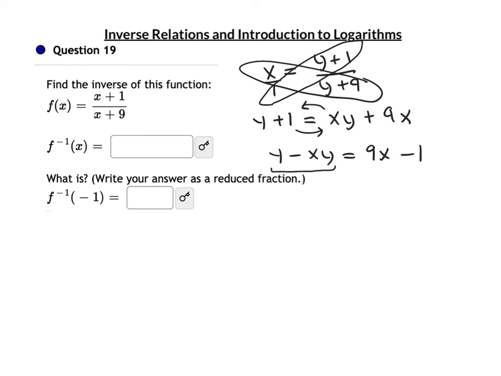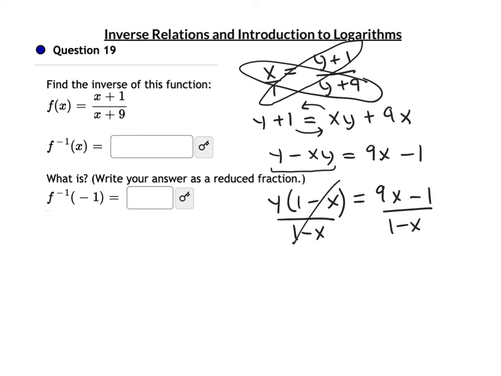We've got a greatest common factor of y. We're going to undistribute that y. We get y times 1 minus x equals 9x minus 1.